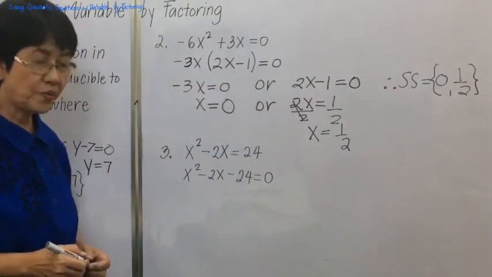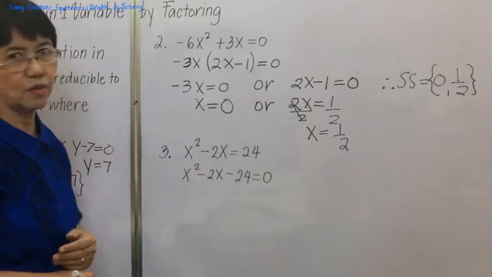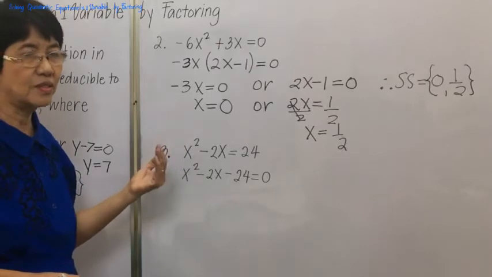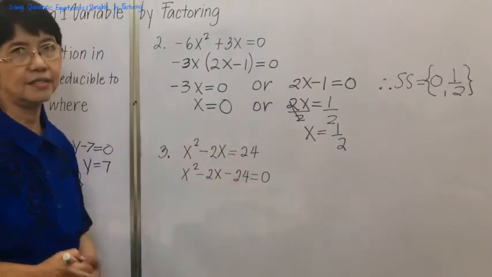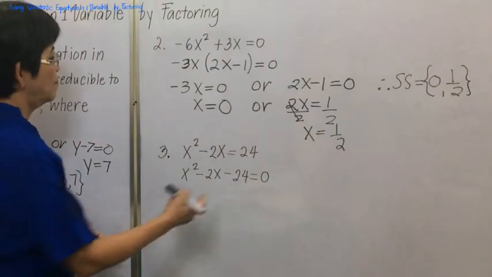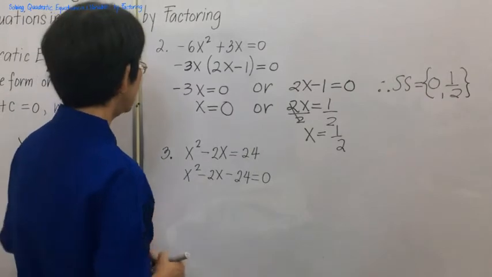And number 3, we have x² − 2x = 24. To be able to factor, we have to set the right side of the equation to 0. So factor the left side of the equation, if it is factorable.